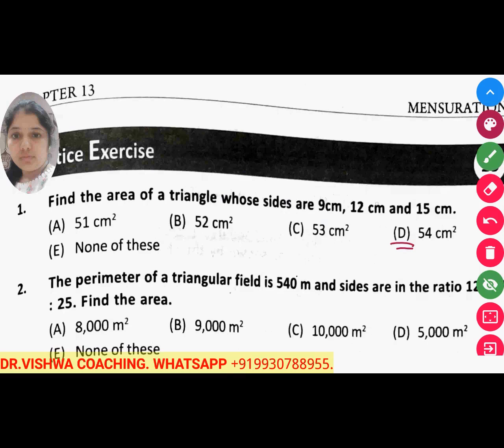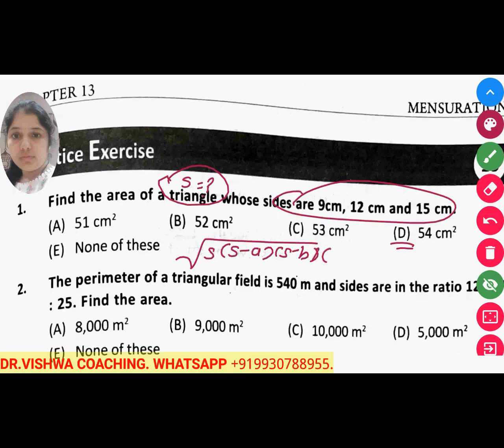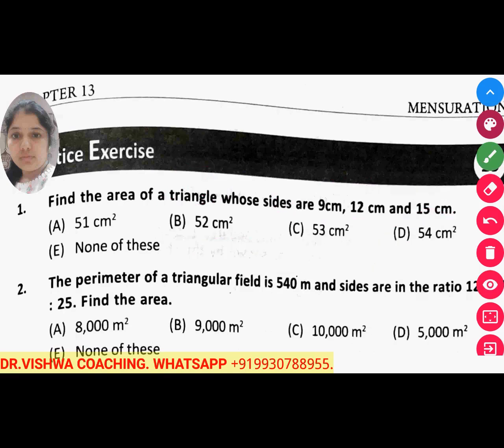So what we have done: we know the sides of the triangle, and from the sides we find the value of s, which is half of the perimeter, and using the formula of the square root of s, (s minus a), (s minus b), (s minus c), all in multiplication, we find the value as 54 centimeter square.